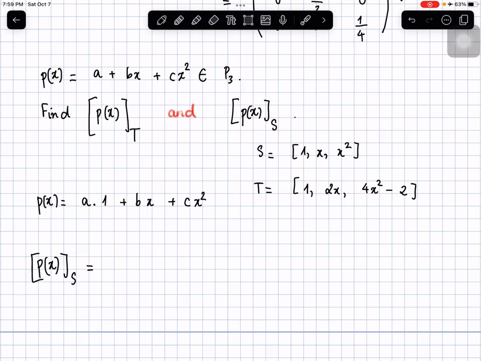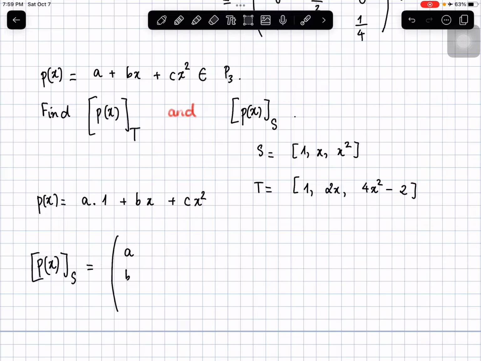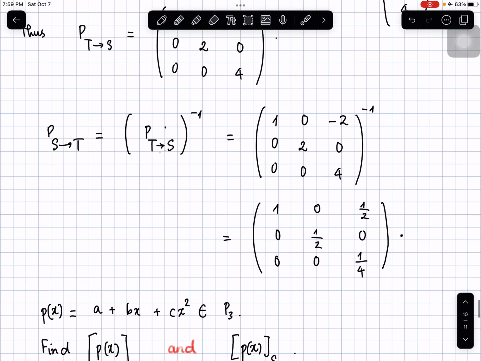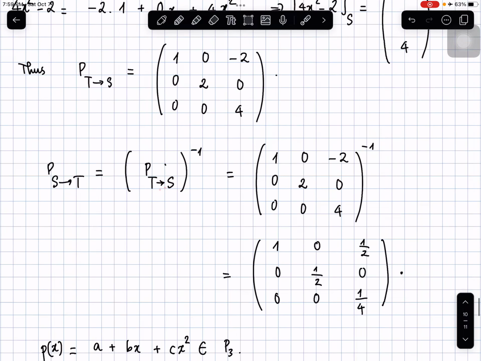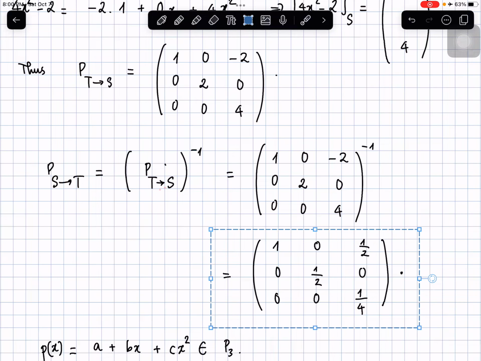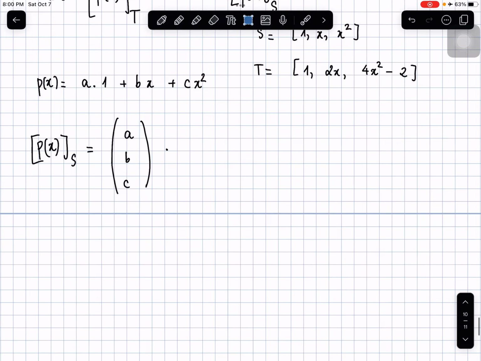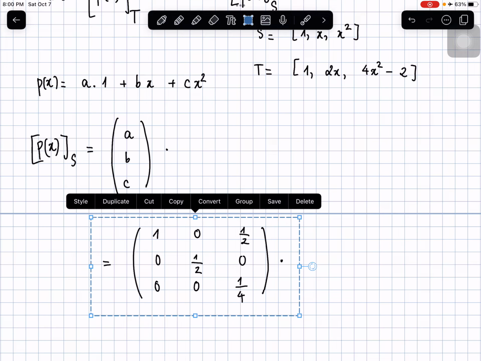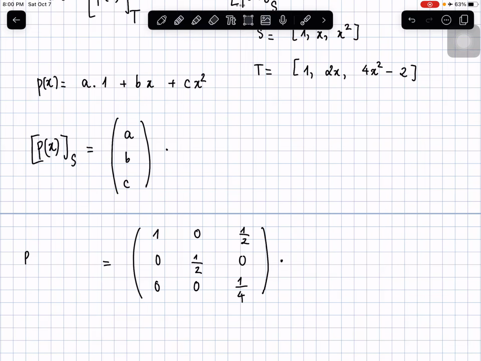So the coordinates with respect to S are a, b, and c, right? Now we know that the transition matrix from S to T is this one.